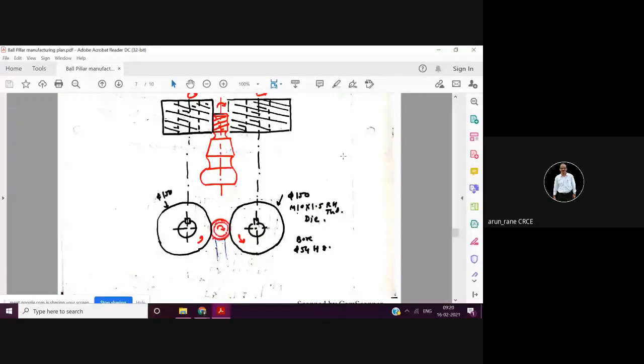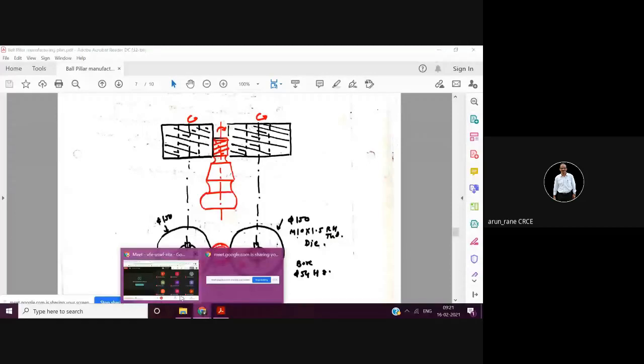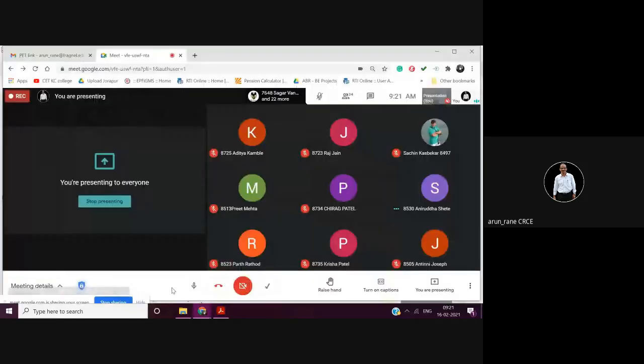So now here these are the dies, threading dies. I hope you can see this. Then this is a component.